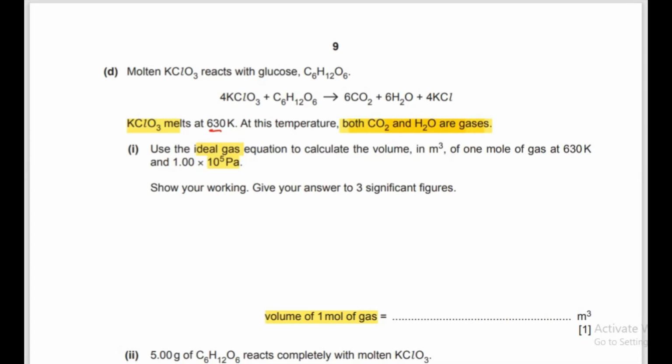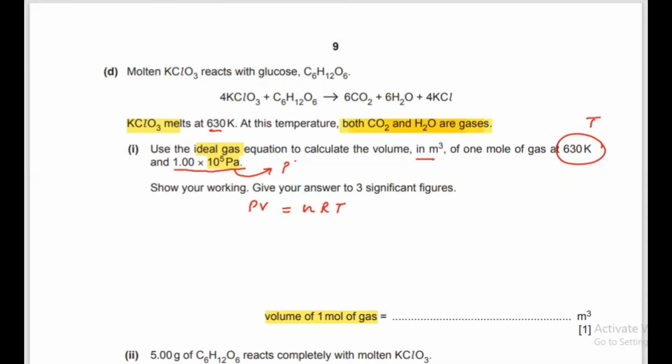Use the ideal gas equation to calculate the volume in meter cube of 1 mole of the gas at 630 K, which is the temperature, and 1.0 times 10 raised to 5, which is the pressure. If we apply the ideal gas equation, PV is equal to nRT.